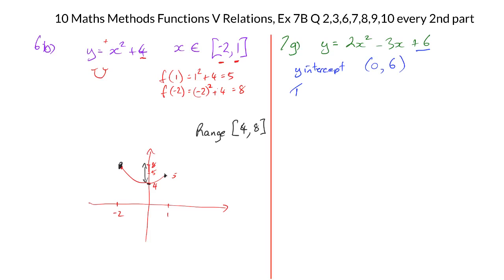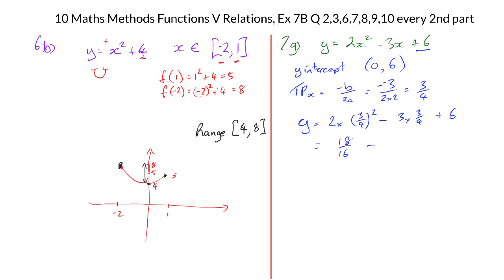Now the other thing I'm going to look for is the turning point of x, which is -b over 2a, which will be 3 over 2 times 2 equals 3/4. And so when x equals 3/4, y equals 2 times 3/4 squared minus 3 times 3/4 plus 6. And so I end up with 9 on 16, and 2 times that would give me 18 on 16, minus 9 on 4, plus 6.